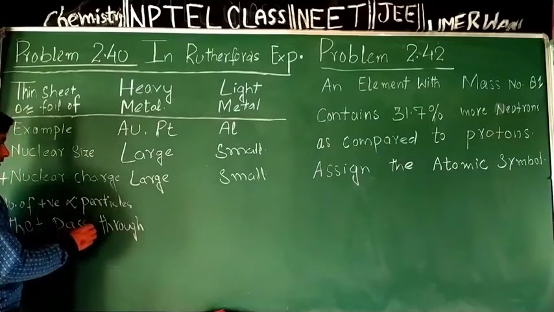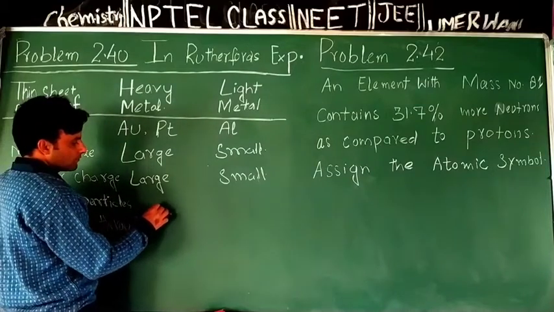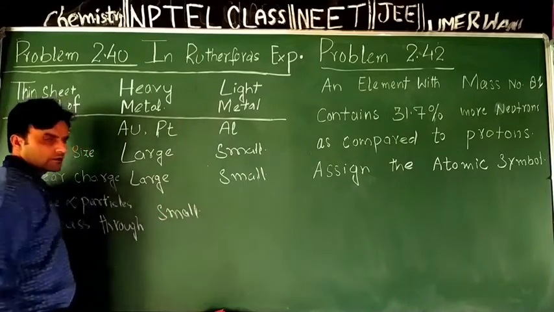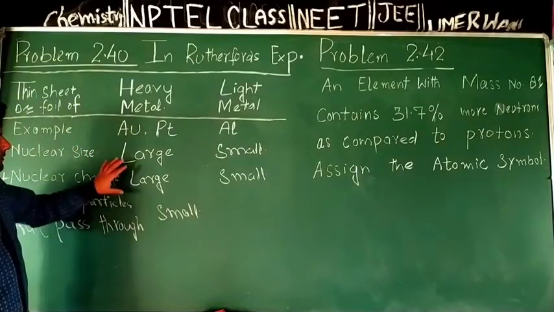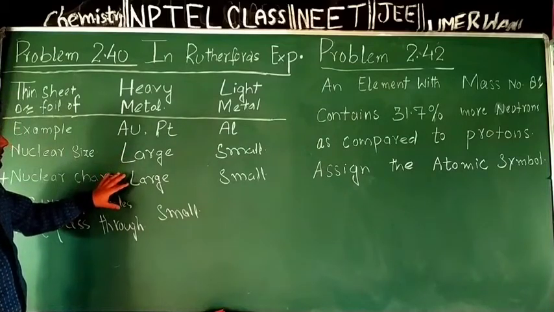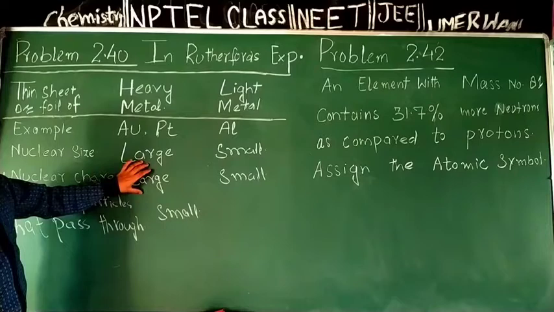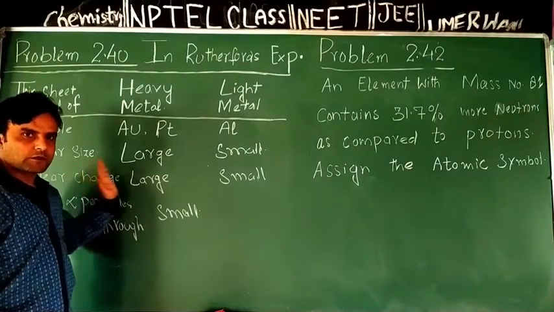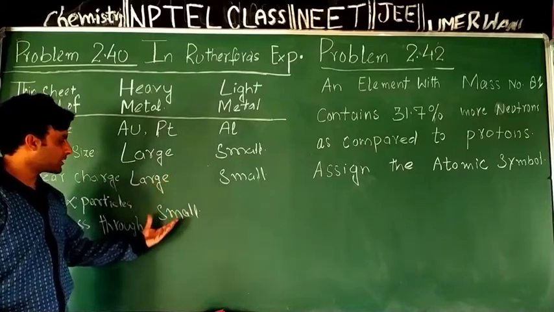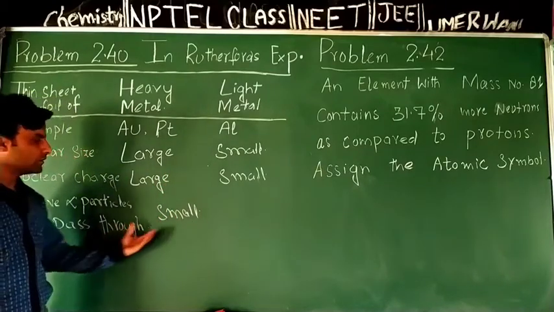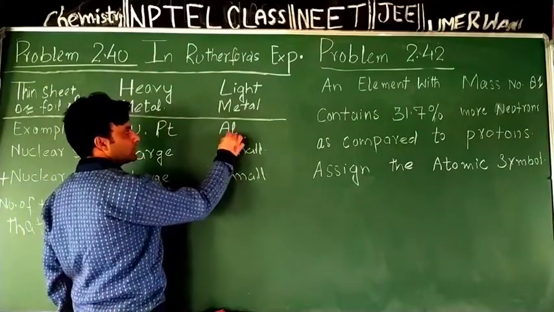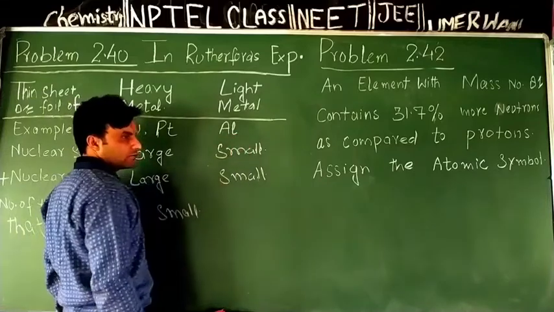So number of alpha particles that pass through will be small here, because they will encounter large size of nucleus which is heavy, rigid, dense, which will not allow maximum of alpha rays to pass through. So number of alpha rays that pass through will be small here, and number of alpha rays that pass through atom of aluminum will be large.